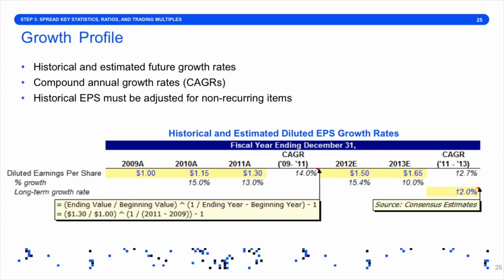And then one other aspect that your book tends to do all the time is to look at historical growth. So to say whether a company is comparable to yours, they should have some similar sort of historical growth rate.